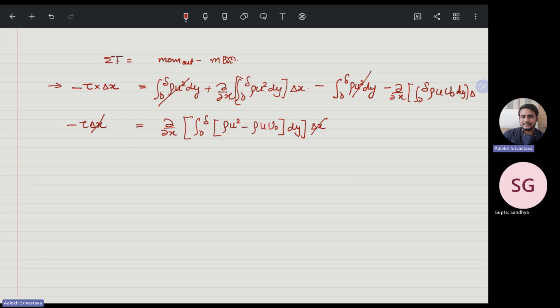This delta x will go to 0 because this is applicable for all the control volumes. And if you say tau wall, it is ∂/∂x of the integral from 0 to δ.